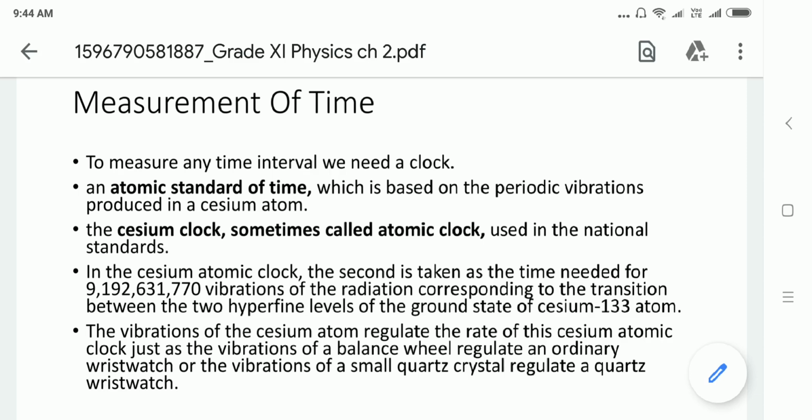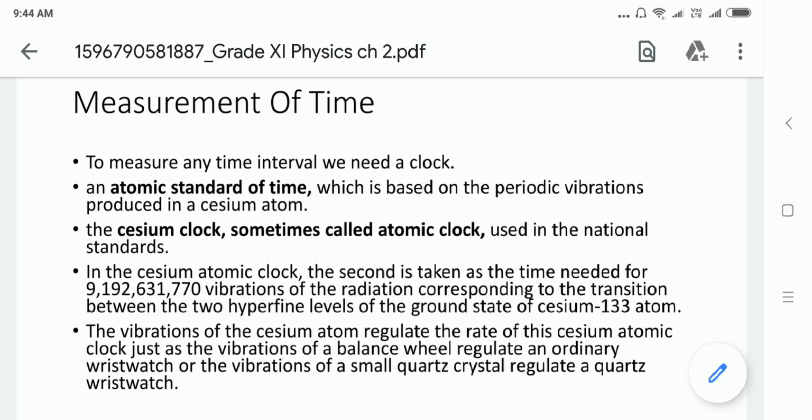Here we are utilizing the cesium 133 atom, providing a vibration between two levels. The number of vibrations available is in terms of giga, 10 raised to 9 times, and that will maintain the time duration.